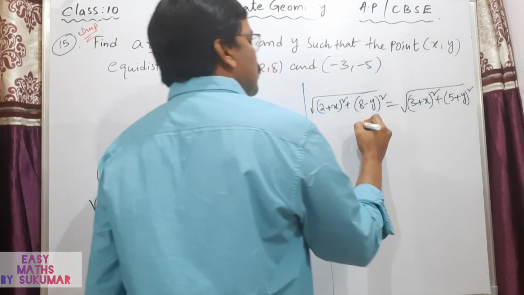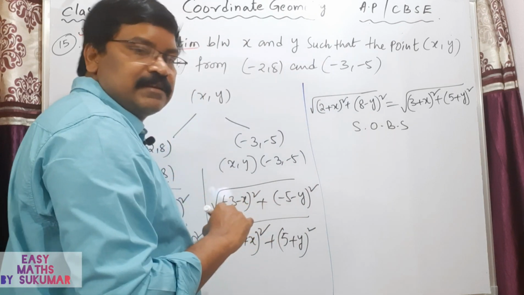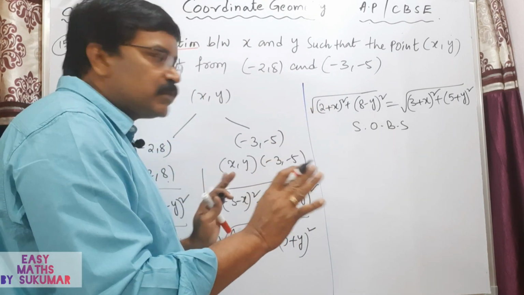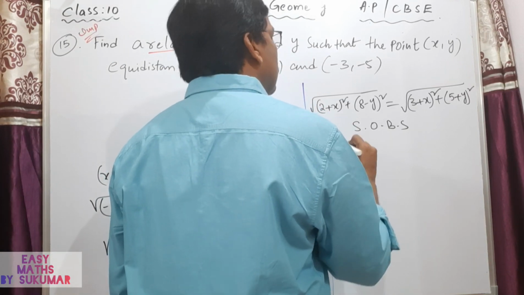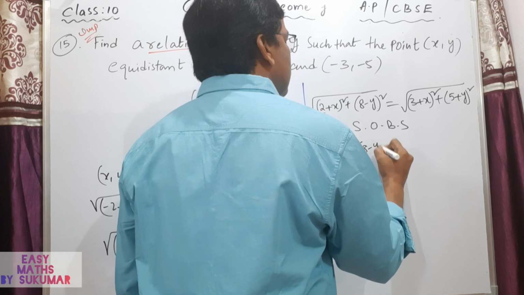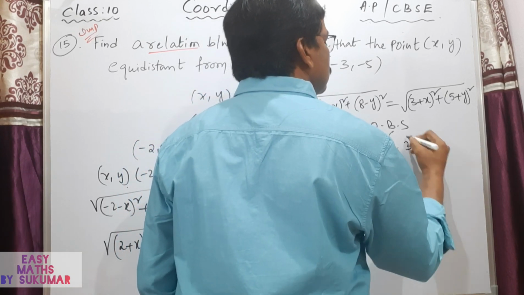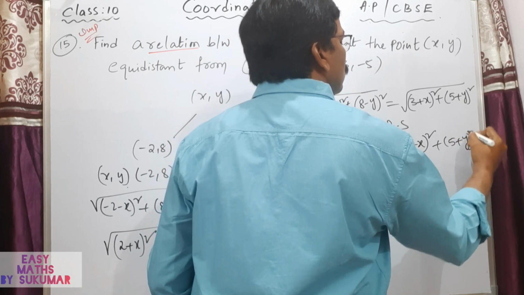Okay, now squaring on both sides, we can remove the square roots. To remove the square roots, I am doing squaring on both sides. That means (2 plus x) whole square plus (8 minus y) whole square is equal to (3 plus x) whole square plus (5 plus y) whole square.